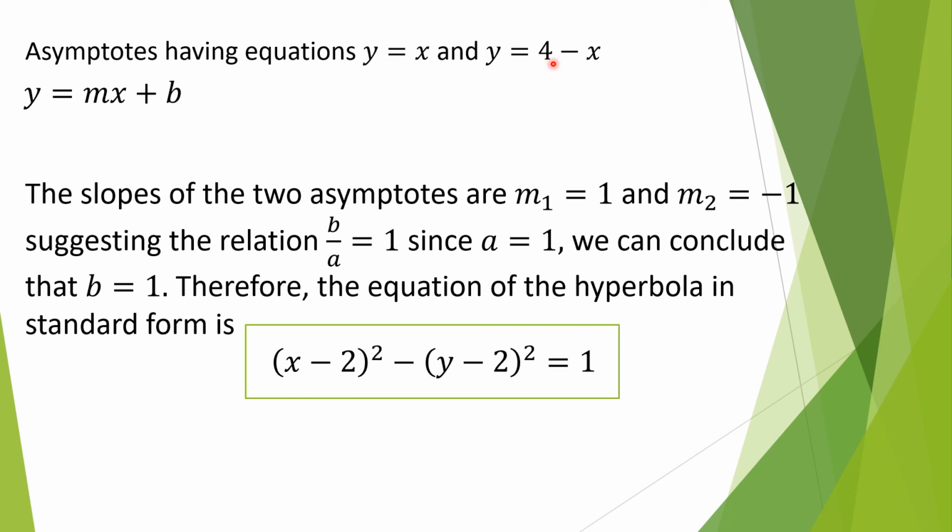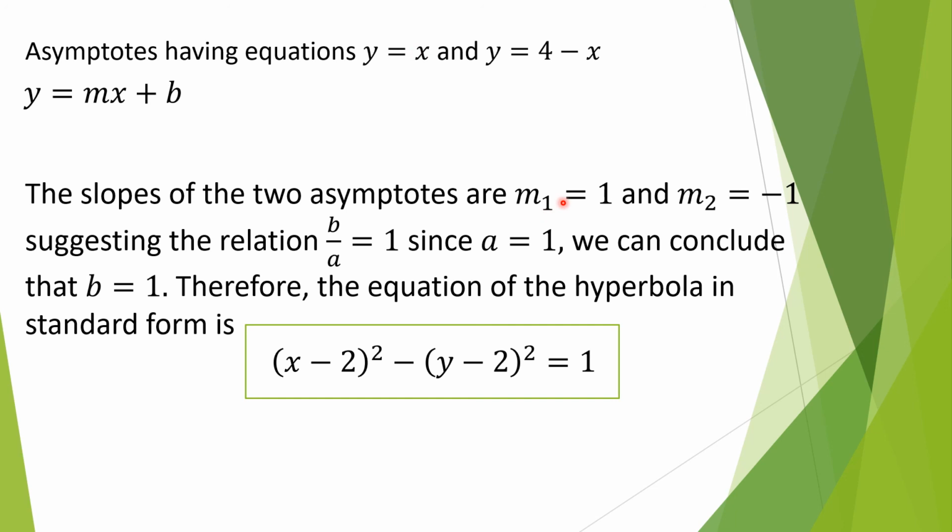So let us recall the slope of a line, which is y equals mx plus b, where m is the slope. The slopes of the two asymptotes are m sub 1 equals 1, since the first equation is y equals x, so the coefficient here is positive 1.